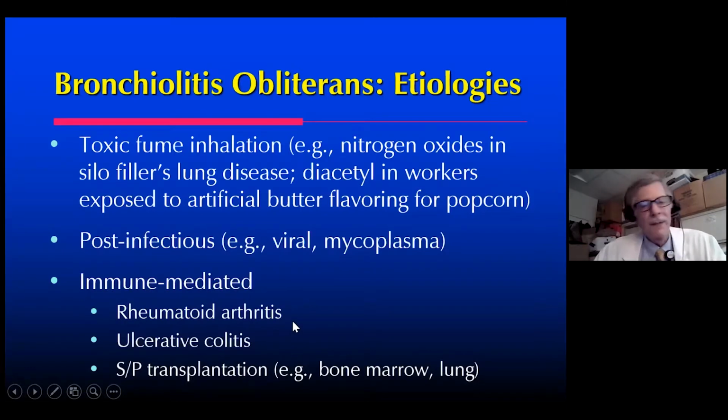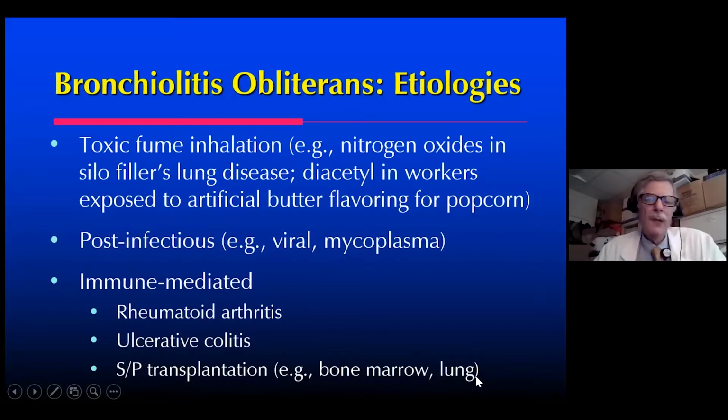It isn't asthma, never smoked cigarettes, or alpha-1 antitrypsin deficiency. Could be bronchiolitis obliterans associated with rheumatoid arthritis or ulcerative colitis. And if your institution does transplantation, bone marrow and lung, you'll see quite a bit of obliterative bronchiolitis as part of graft versus host disease in bone marrow transplant, and in part of chronic rejection in lung transplant.